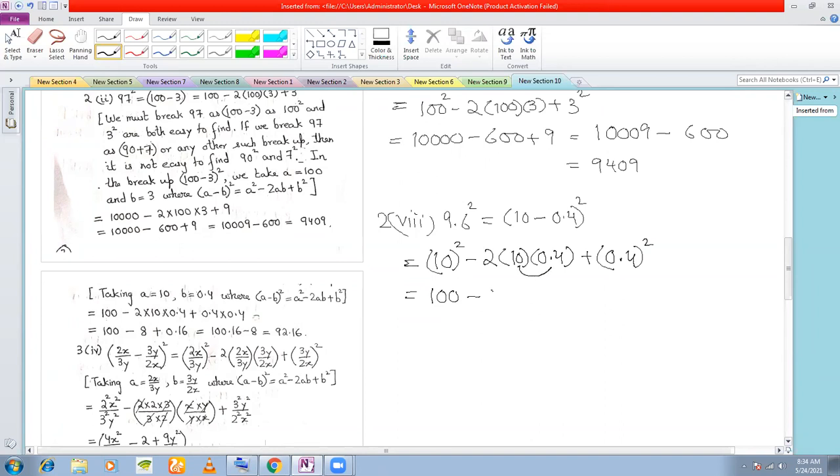If you multiply these two, how much will you get? If you're multiplying 10 by a decimal, the decimal will shift. You'll simply get 10 into 4, plus 0.4 into 0.4. How do you multiply? Again, 4 into 4 is 16, right? 4 into 4 is 16.